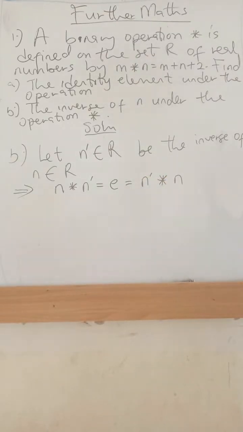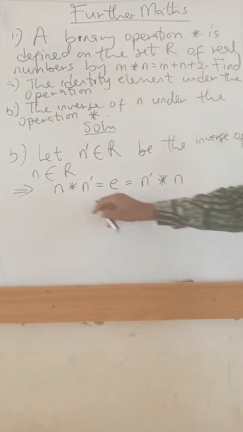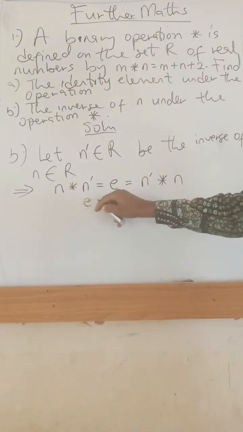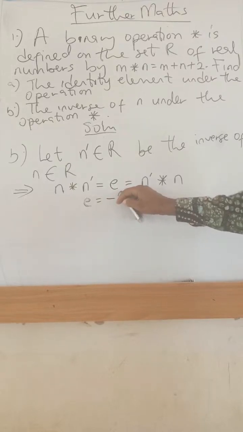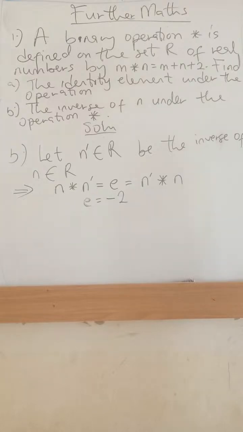You could switch their positions and it should still give you the identity element. Okay, so this is what we'll be running with. Now remember, the identity element was found out to be what? -2, right? Good.